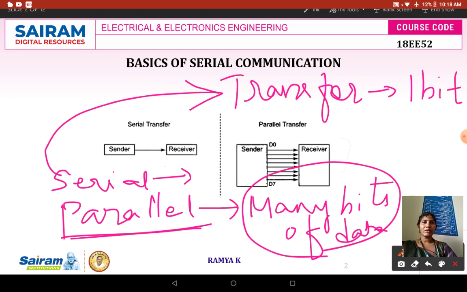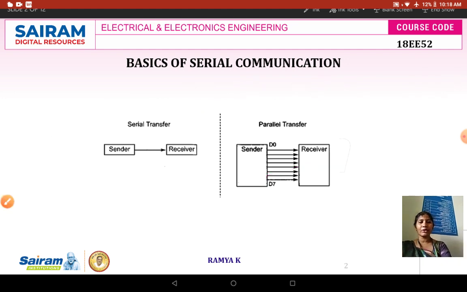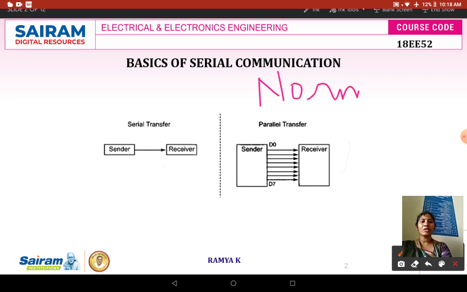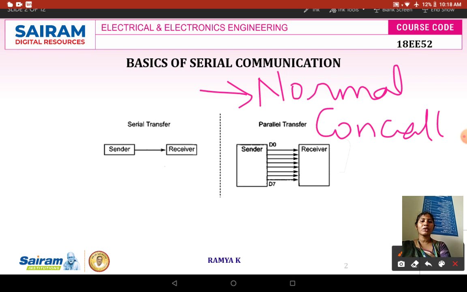You can consider one example. We are calling normal call. So you can consider the difference between your normal call, that is one-to-one call, and one more is con call. So the difference between your normal call and con call is normal call means one-to-one communication.